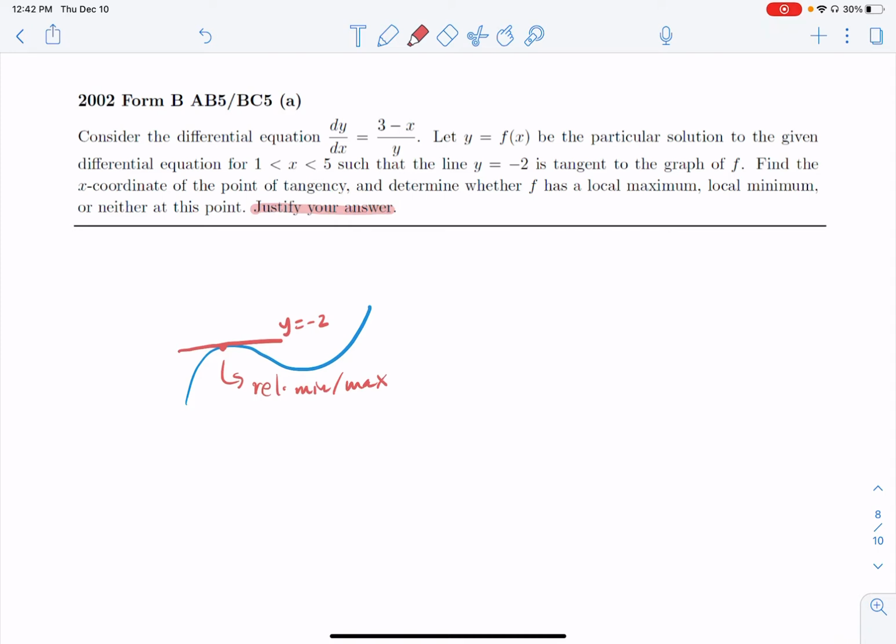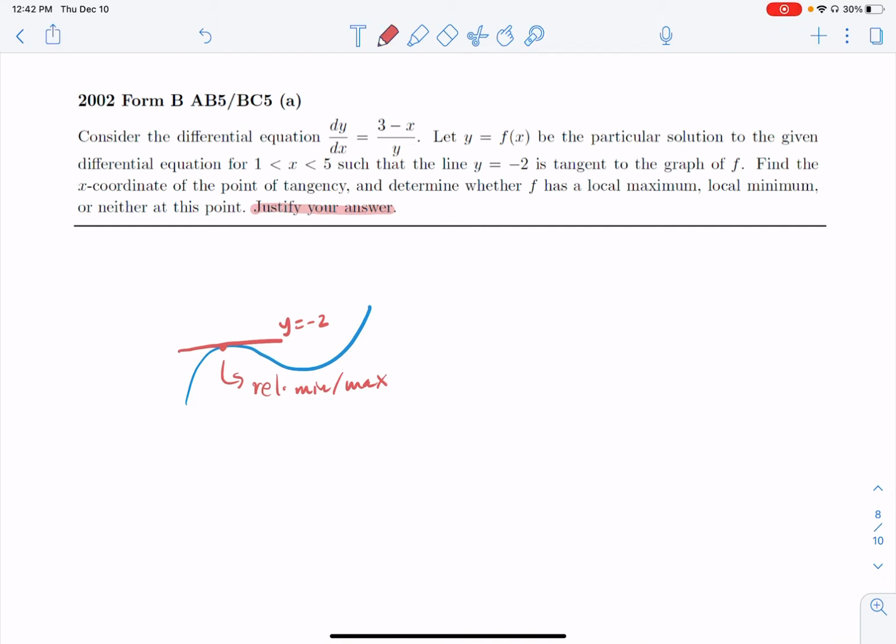And we don't have the original function that we would ordinarily stick our y value in to find our x value. So first of all, the point of tangency is on the function and on the tangent line; they should share this point. It has the same xy coordinate on both, both the tangent line and f of x.